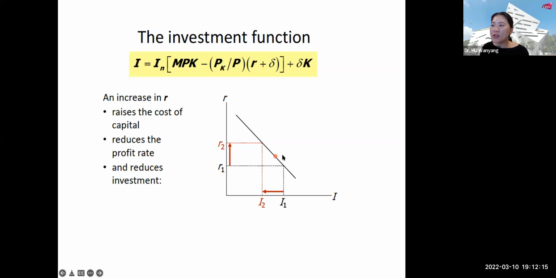Initially at the initial point, we have an R1 and I1 combination, but now we have a higher interest rate, higher cost of capital. So the result is that we have a reduction in the investment. This is how we derive it from this function. So this increases, then we have a decrease in the profit. If this decreases, then I will decrease. Okay, reduce investment.